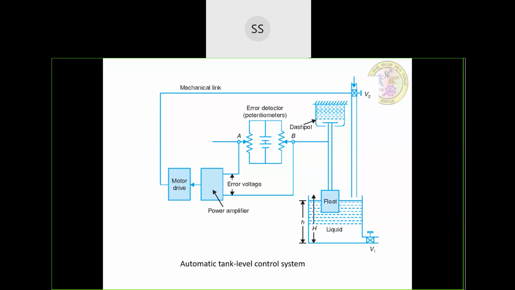That sensing action will be done by this particular arrangement, that is, by the float. Whenever the water level has gone below the desired level h, small h, the float is going to actuate the potentiometer arm B. That potentiometer difference is going to further drive this motor and the power amplifier, so that it acts on the valve V2 and the tank will be filled up.